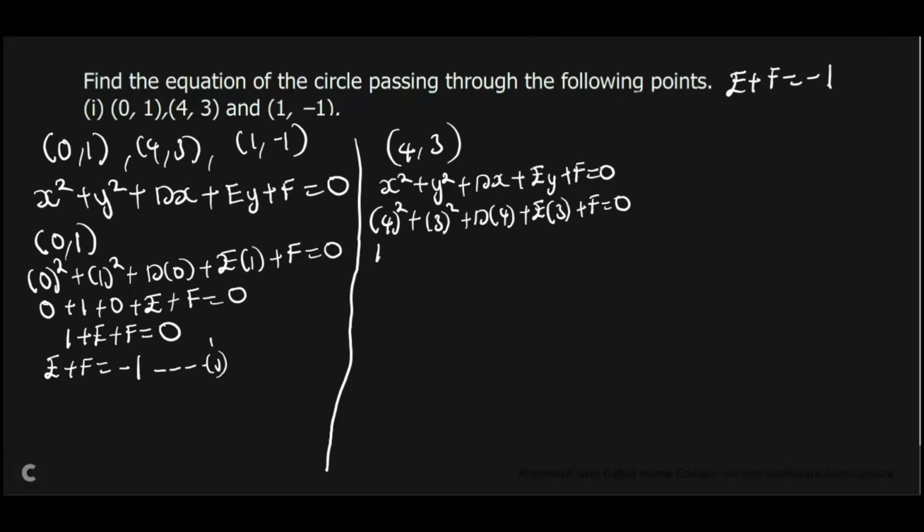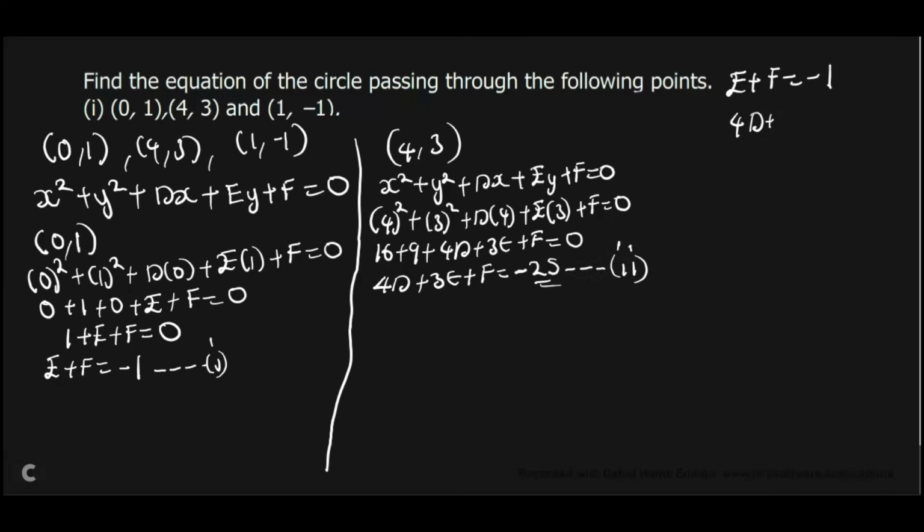So this is your 16, this is your 9, that is 4d plus 3e plus f equal to 0, such that when you cross the equal sign, 25 will be negative. So that's your second equation. You have 4d plus 3e plus f equal to negative 25.